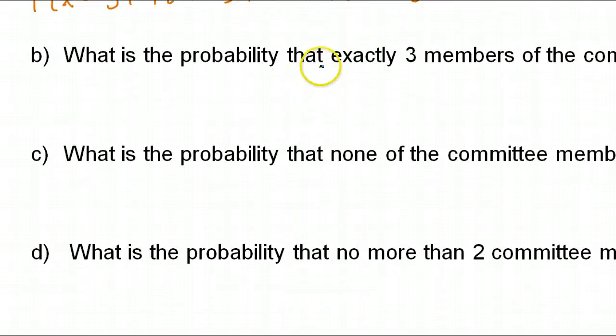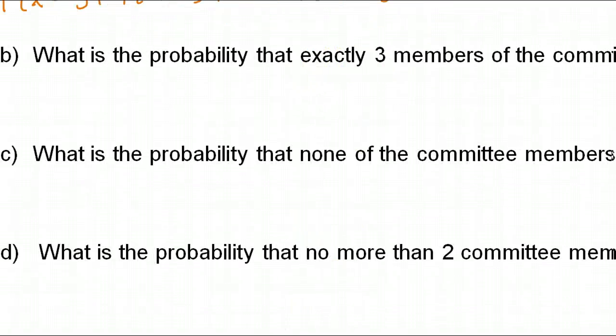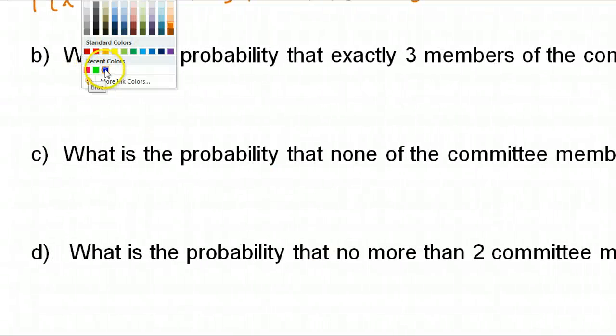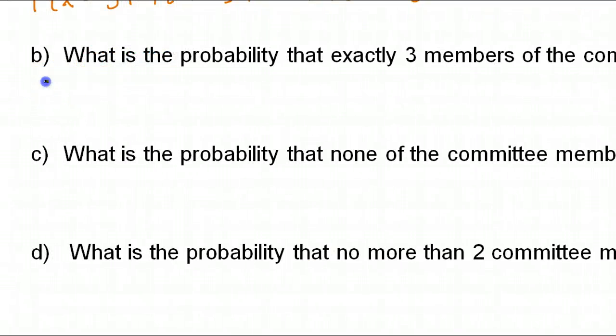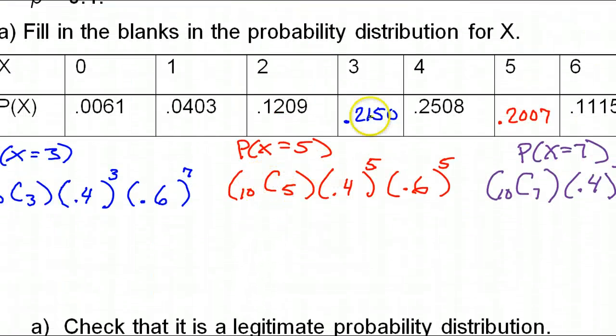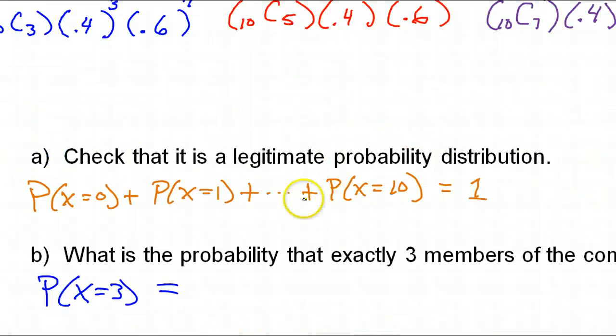What is the probability that exactly 3 members of the committee are Hispanic? Okay, always start with the symbols. So they are asking, what is the probability that x equals 3? Well, we just found that. That's 0.2150.